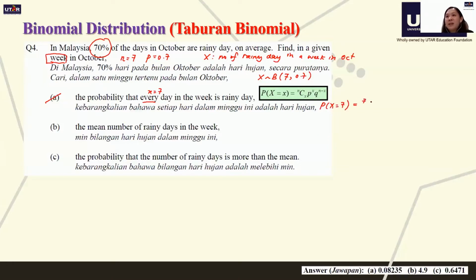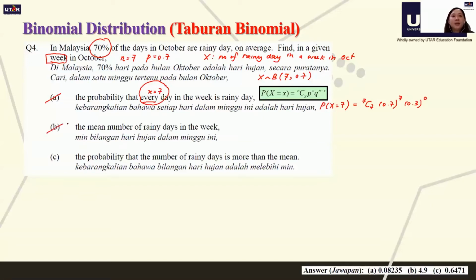Then you have 7C7, then probability of success to the power of 7, then probability of failure to the power of 0. Okay, this is quite direct. You have the n, you have the p. Just put into the formula with the x value they want to find here as 7.